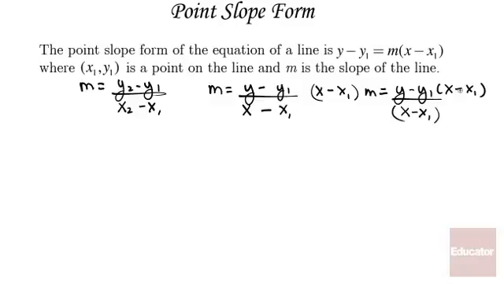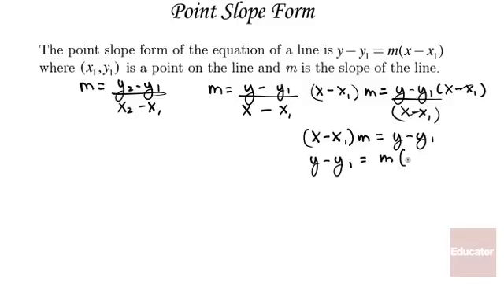This cancels out, and that's going to give me x minus x1 times m equals y minus y1. A little bit of rearranging: I'm going to put the y portions on the left side of the equation and the x and the slope on the right side of the equation. And you see that gives me the point-slope form.